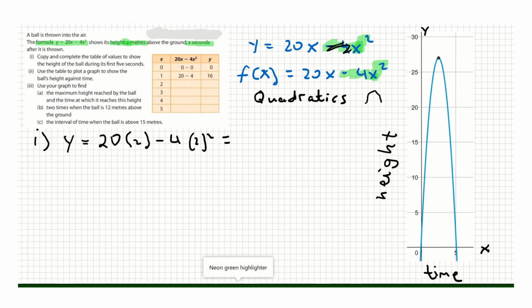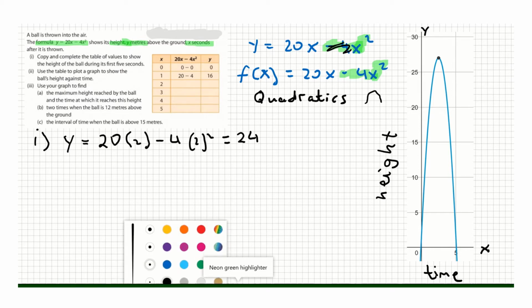Okay, you will get 20 times 2 is 40, 2 squared is 4, 4 fours are 16, 40 minus 16 is 24. So 24 will go in here.